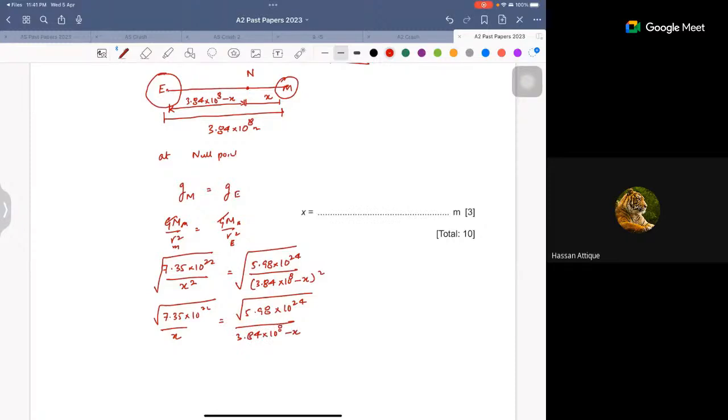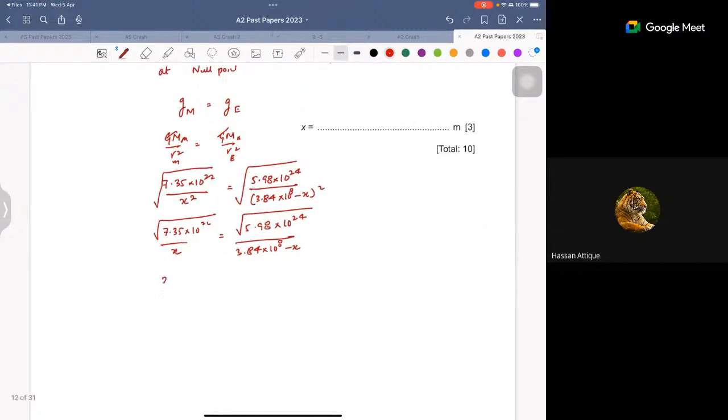It's better to cross multiply, and if I cross multiply, it will be 3.84 times 10 raised to 8 minus x over x equals root of 5.98 times 10 raised to 24 divided by root of 7.35 times 10 raised to 22.